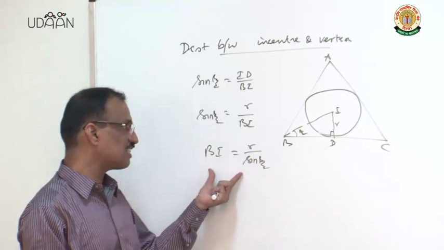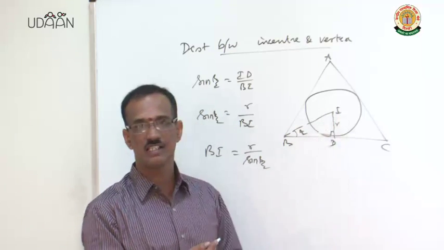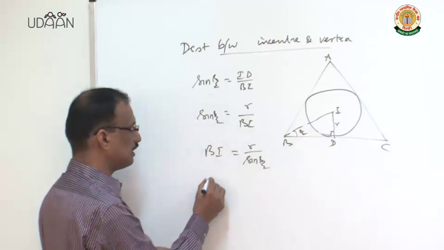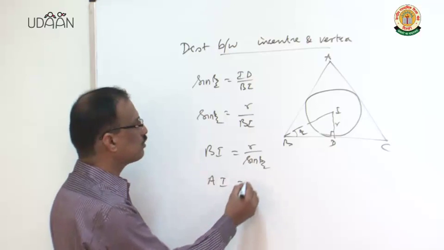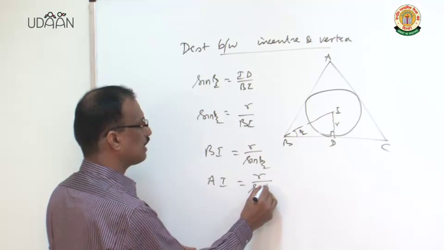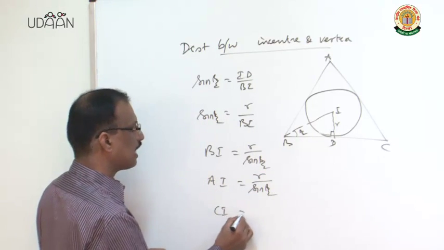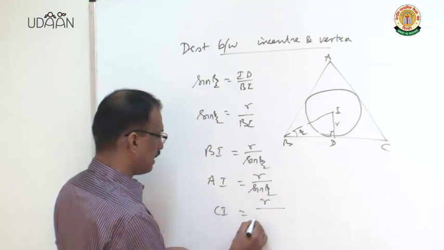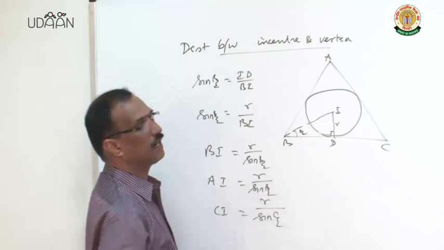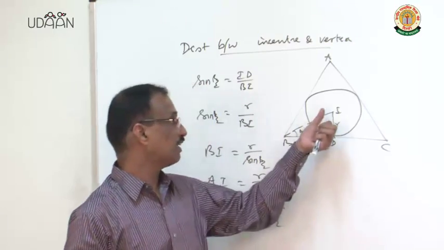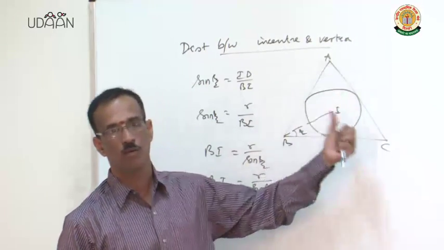This is the distance of this vertex from the incenter. Similarly, we can say AI equals r by sin A by 2 and CI equals r by sin C by 2. This is the distance of the incenter from the vertices.